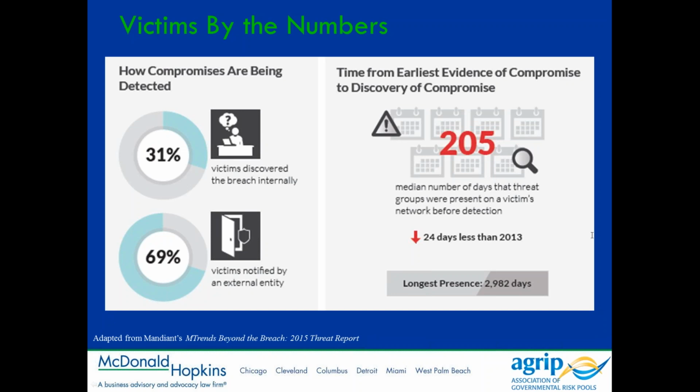And what amazes me is the next stat to the right, which is how long it takes entities to discover this. The median number of days that a threat actor was present on a network before it was detected is 205. That's amazing.